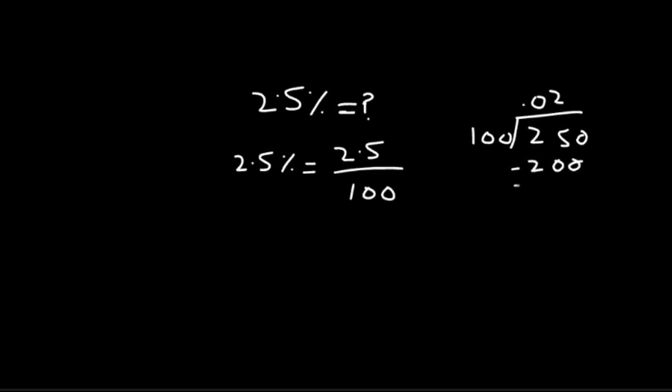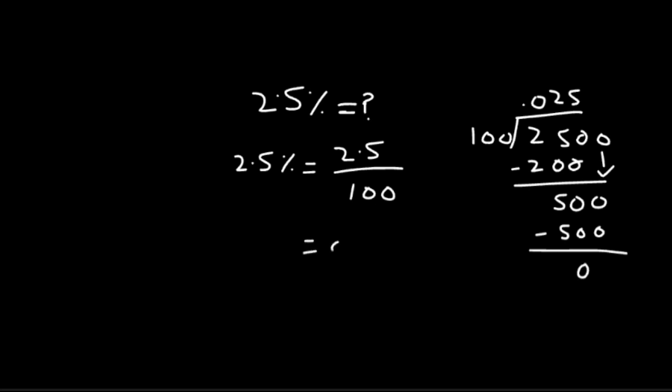So we have 50 left. Now we take away a 0 from the top and 100 times 5 is equal to 500. So our answer is 0.025.